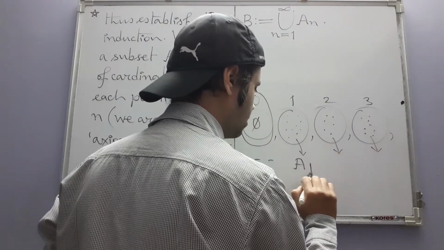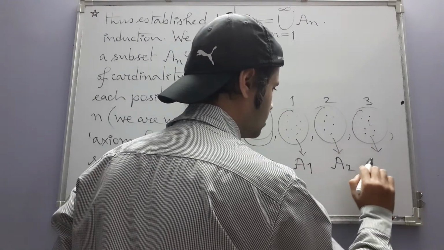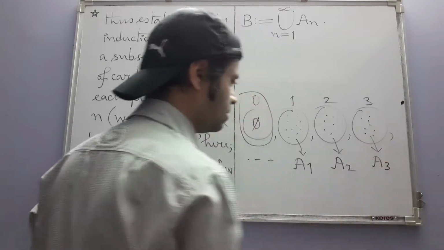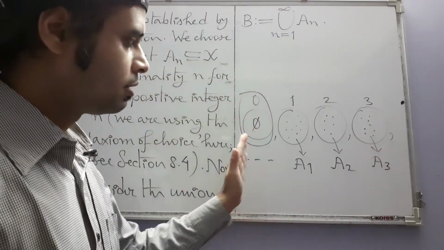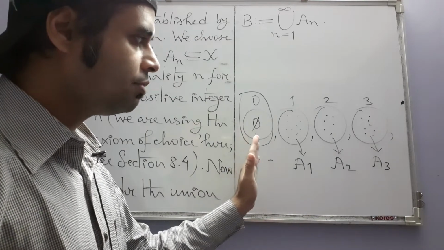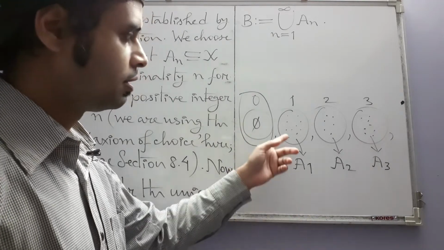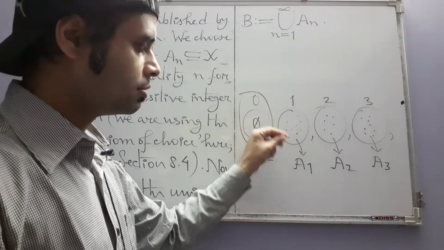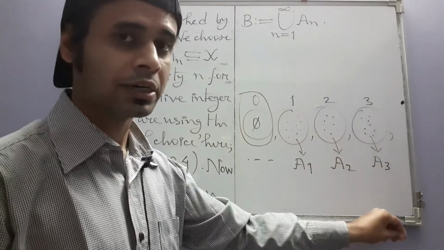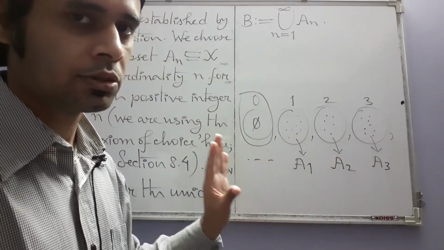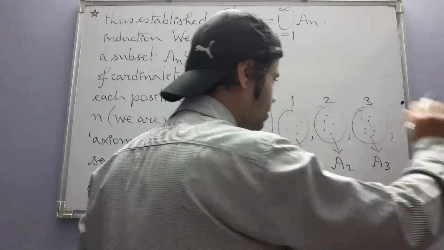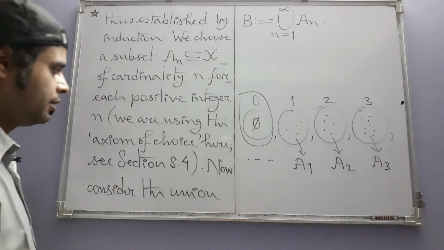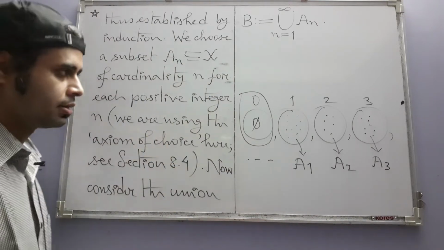So this is A1, this is A2, this is A3. Because it's a sort of arbitrary choice, we are not giving any specific rules for how we should choose one element from each class or each container or each bag. And there are infinitely many containers, so we need the axiom of choice here.